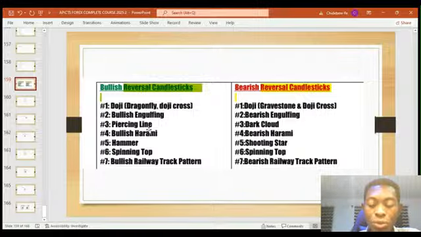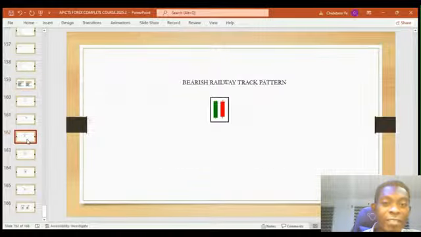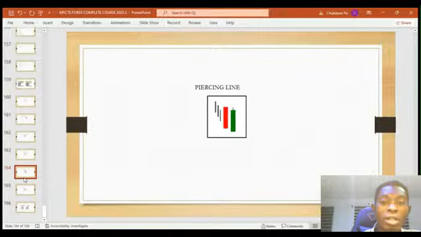The market is selling and selling, and then it gets to a support, and all of a sudden you see a bullish candle rise, and at the end of that time frame, that candle closes above the 50% of the previous bearish candle.